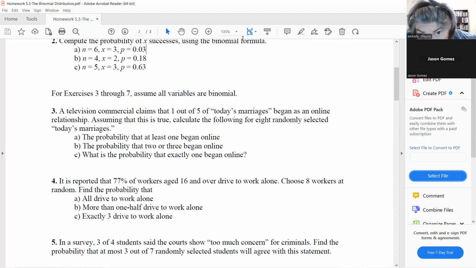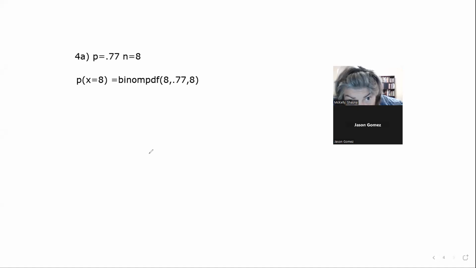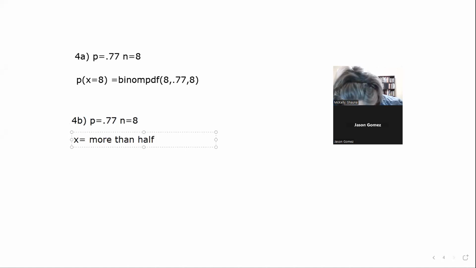So in this case, we have to do a little thinking here, not too much, but a little bit. We're looking at more than 4 drive to work alone. So we have 4B, right? We still have P is 0.77. N is still 8. But now X is more than half of 8.